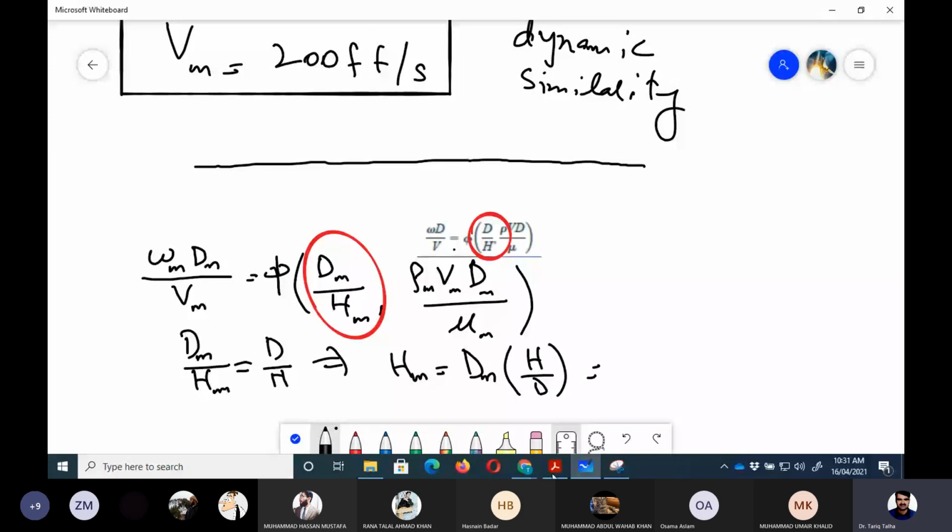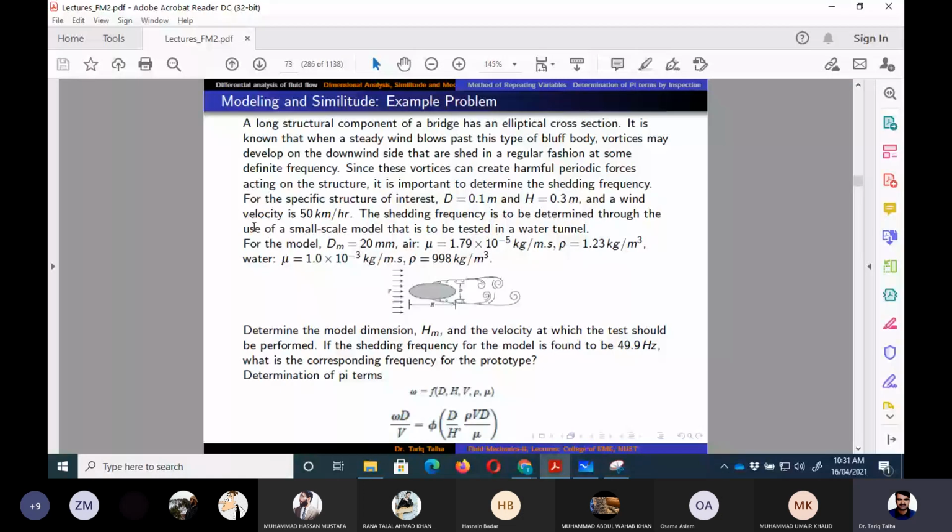Now, diameter of the model, if you look here, is 20 mm, and then we have got the actual diameter 0.1 meter and h is equal to 0.3 meter.